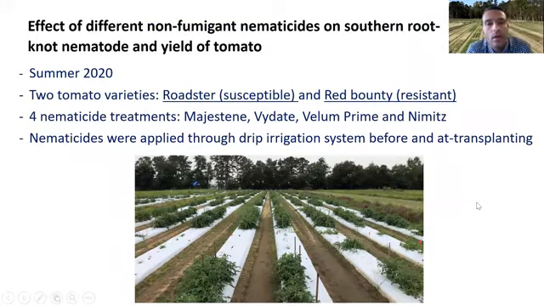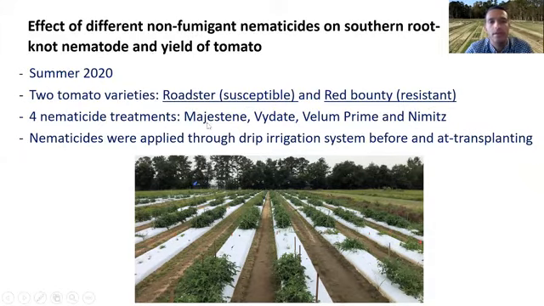In a trial that we did this past summer, we tested the efficacy of a couple of non-fumigant nematicides on tomato. We had 2 varieties of tomato. One variety was susceptible to root knot nematode, and the other variety, Red Bounty, was resistant to root knot nematode.